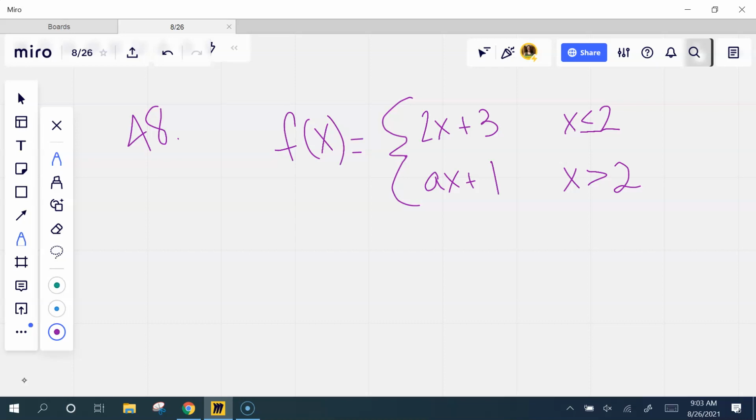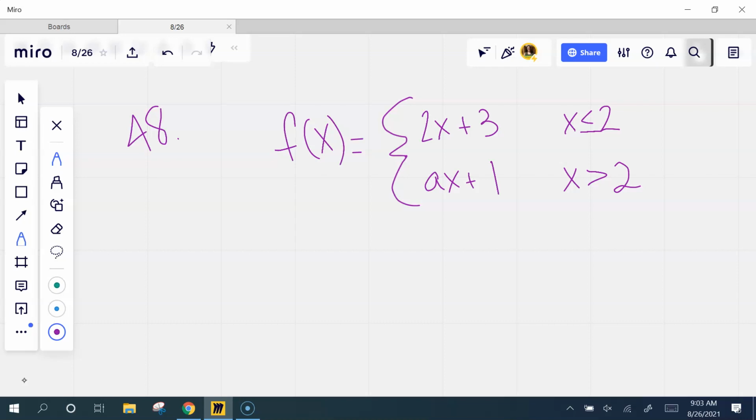And where they are cutting at 2, what type of discontinuity am I going to have? A jump discontinuity, because the lines jump. It's a piecewise and they're both linear, so it's going to be a jump discontinuity. So in order to make it a continuous function, the jump has to not jump. Do you agree?